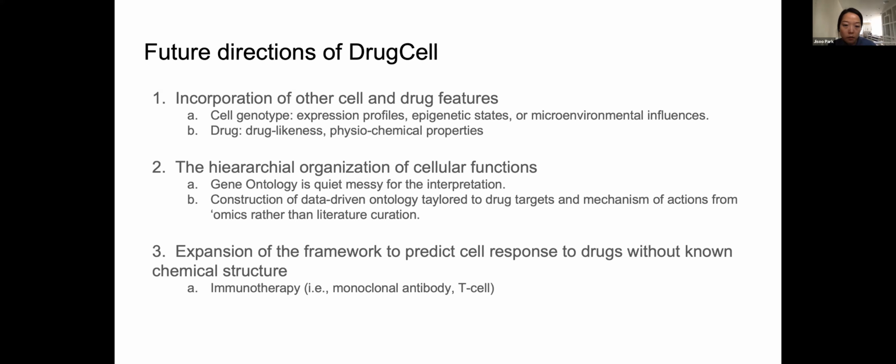And secondly, we can think about improving the hierarchy of the cell functions embedded in DrugCell to make the interpretation more seamless and more biologically meaningful. Lastly, DrugCell can only learn for the drugs with known chemical structures, but the framework can be adapted and modified to learn about therapies without known chemical structure as well. But that's going to be more of a longer term open question.